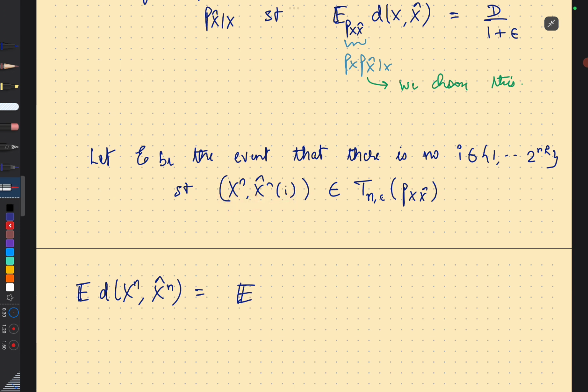They are independent of each other, right? Because the code book is generated independently of the source. So this has IID components drawn according to Px hat, because we've chosen the code words independently of the source.